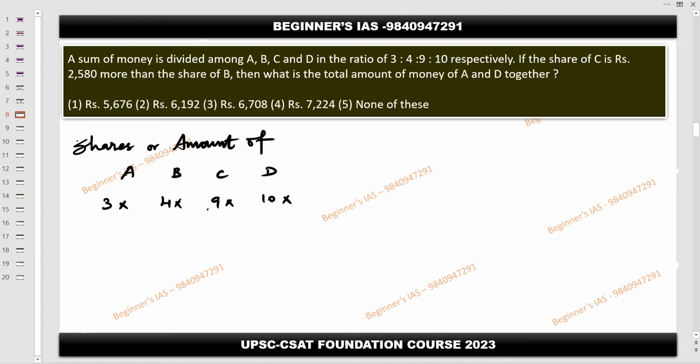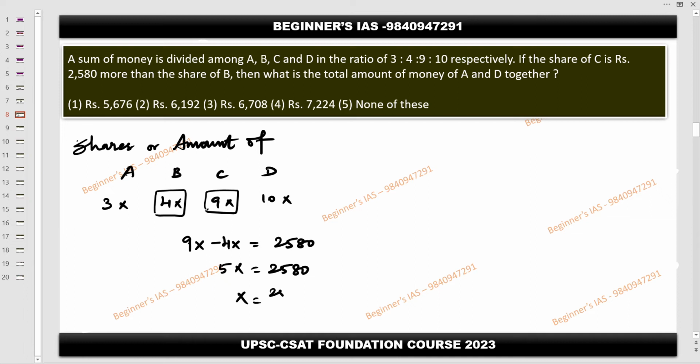So the difference between B and C is equal to 2580, then 5x is equal to 2580, then x is equal to 2580 by 5.